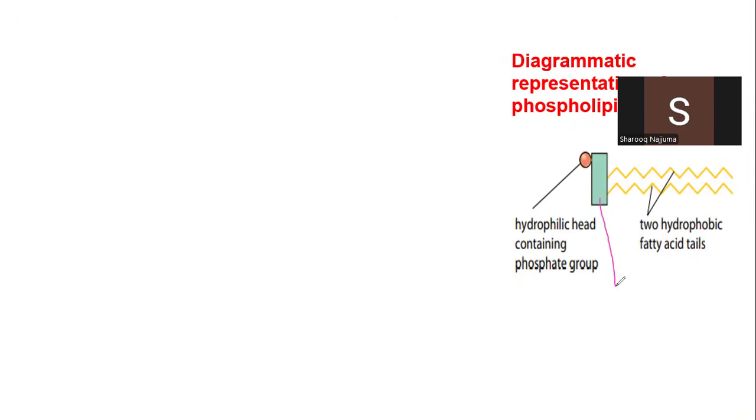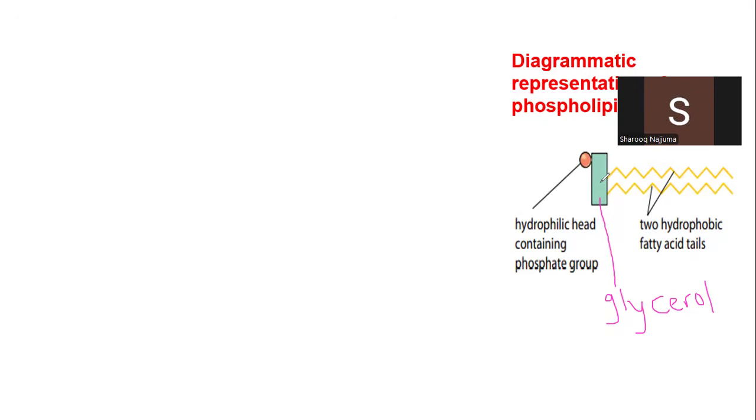Phospholipids are made up of a glycerol with two fatty acids attached to it, and in addition, a phosphate group attached to the glycerol. So a phospholipid is a glycerol with two fatty acid tails and one phosphate group.